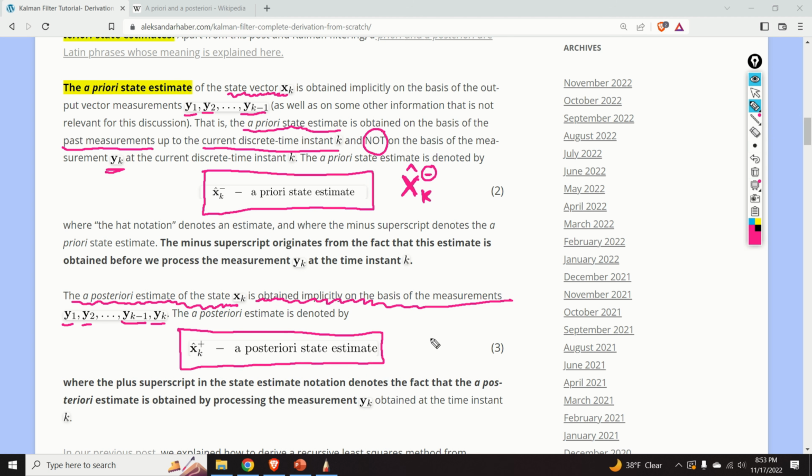X stands for state, k is a discrete time instant, hat is an estimate, and the plus symbol in the superscript denotes the a posteriori state estimate. Here, again, it should be kept in mind that the a posteriori state estimate takes into account the measurements at the discrete time instant k. That is, it takes into account yk.